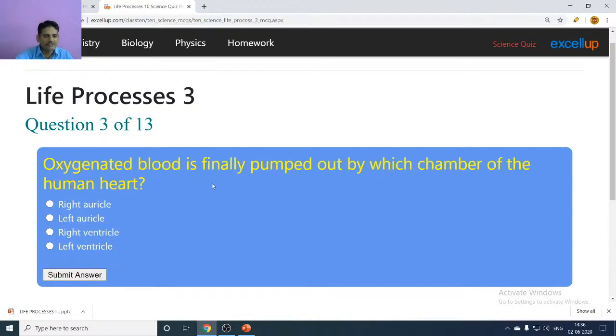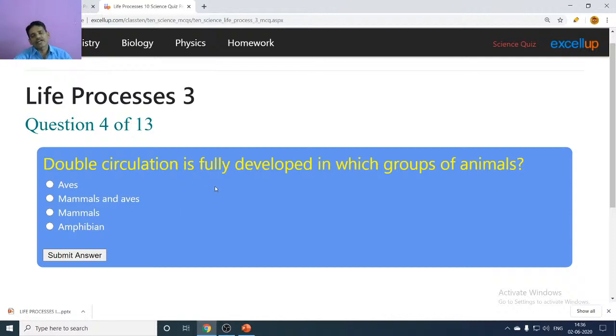Next, oxygenated blood is finally pumped out by which chamber of the human heart? Oxygenated blood from the lungs reaches left auricle. From the left auricle, it opens into left ventricle. So, from left ventricle, it is distributed to all body parts by aorta. Double circulation is fully developed in which group of animals?